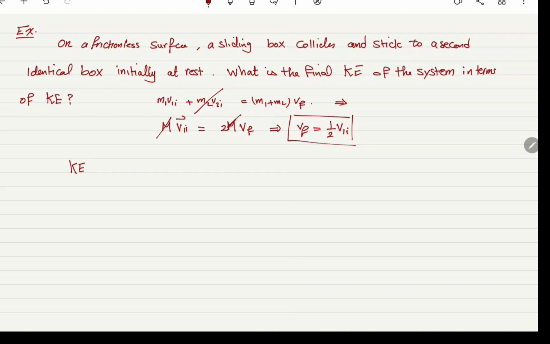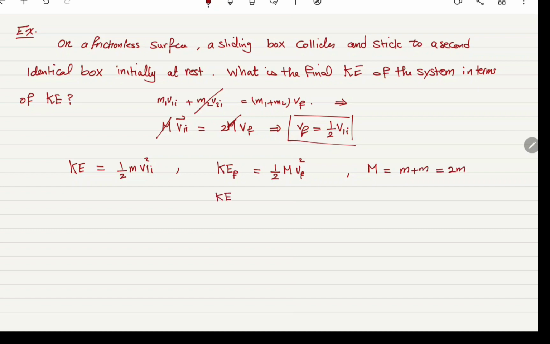Now use this to calculate the kinetic energy. The initial kinetic energy equals half m v1 initial squared. Now the final kinetic energy equals half total m v final squared. And remember, the total m here equals m plus m, which equals 2m.